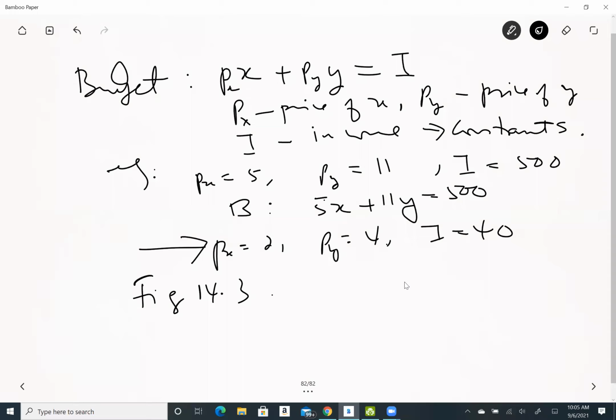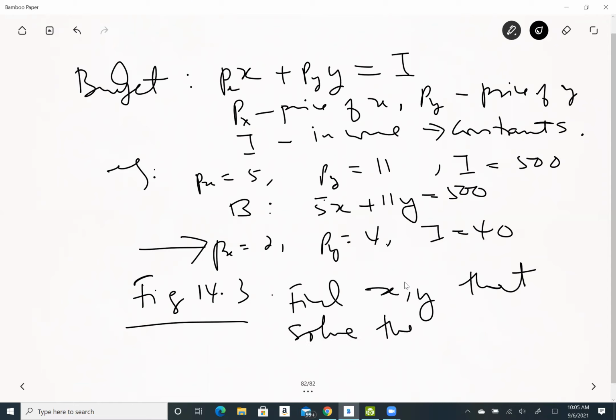How do you find the optimum point? You find it by doing the Lagrangian. The problem here is to find the consumption of x and y that maximize the utility as given.